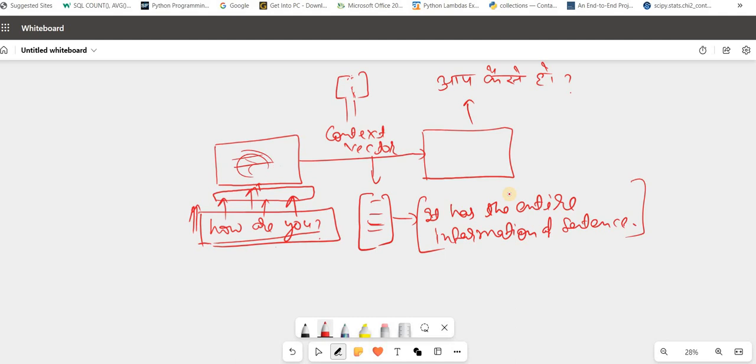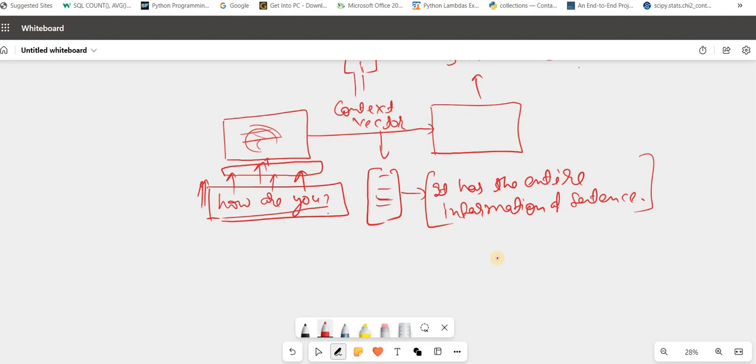This is also called token by token, or word by word. Let's suppose the first word, "How", goes as input into the encoder. Some mathematical operation will happen here.